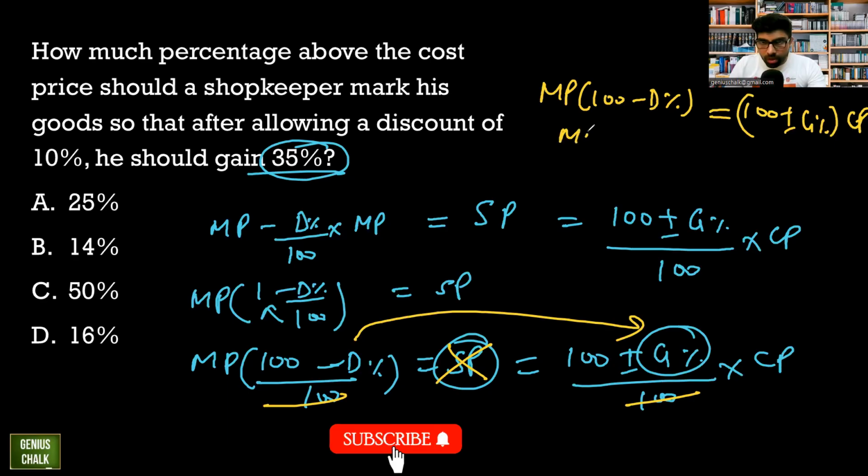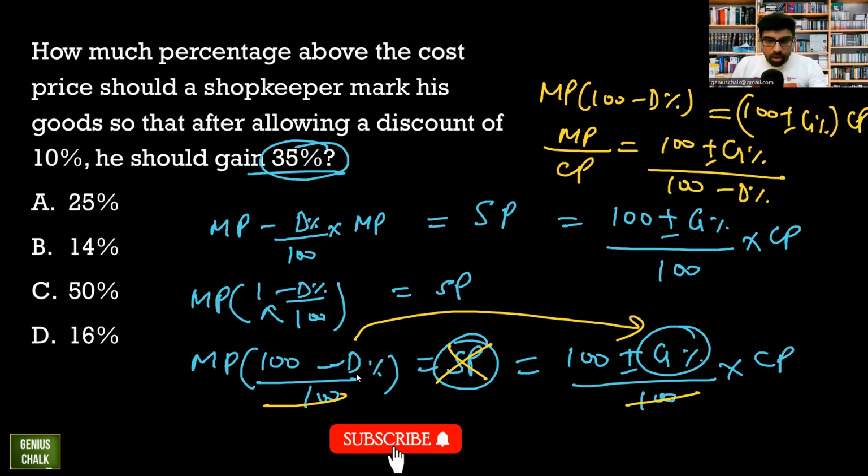Now, if I want to find the ratio of mark price and cost price, it is (100 plus or minus gain percent) by (100 minus discount percent). This is what I was talking about. If you remember this formula, it will be much more beneficial to solve questions faster. There is no derivation required, just remember it.